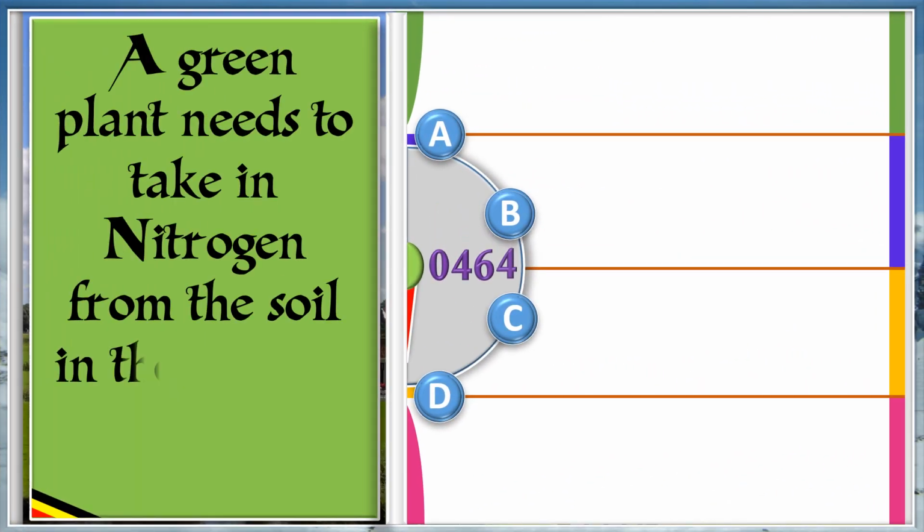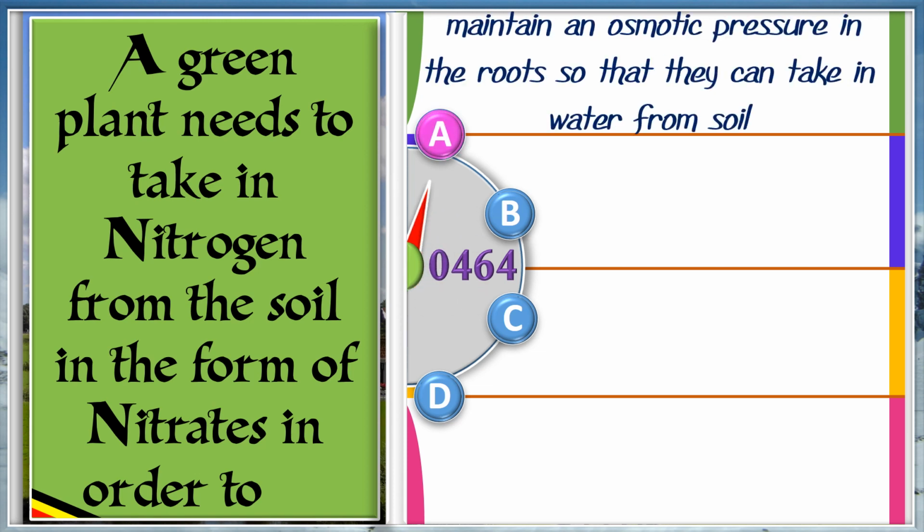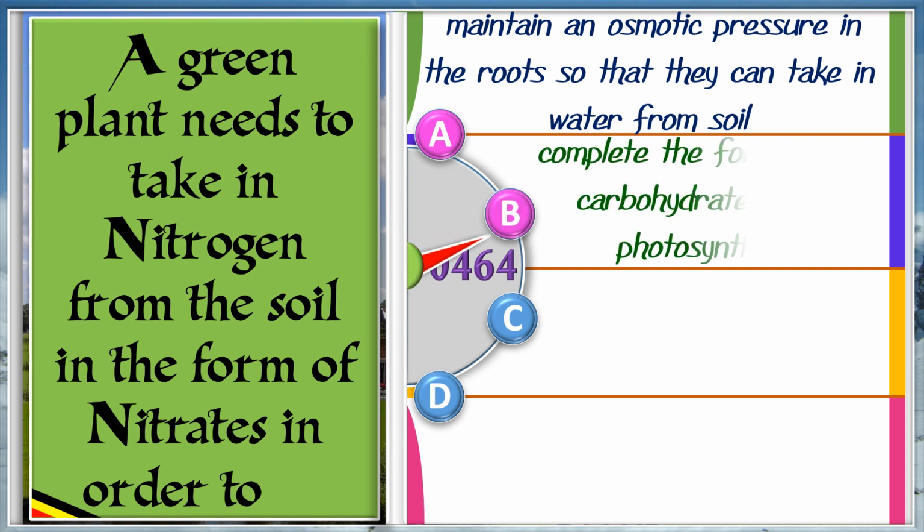A green plant needs to take in nitrogen from the soil in the form of nitrates in order to: A. Maintain an osmotic pressure in the roots so that they can take in water from the soil. B. Complete the formation of carbohydrates after photosynthesis.